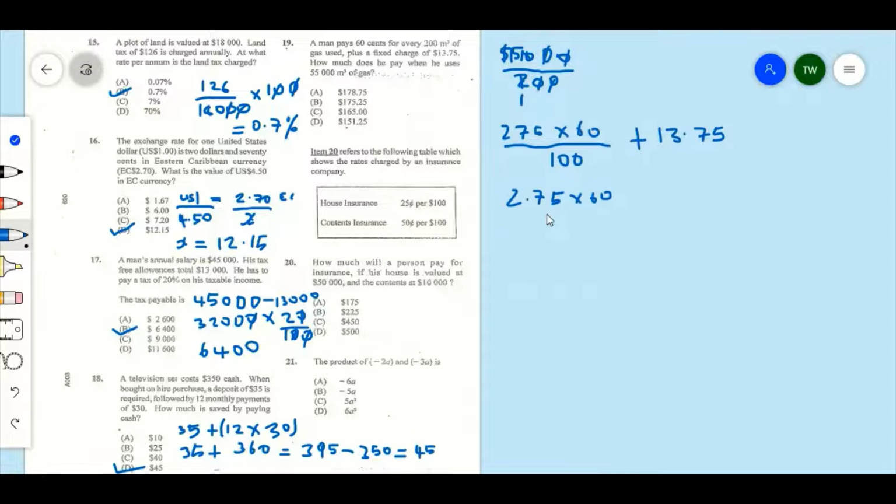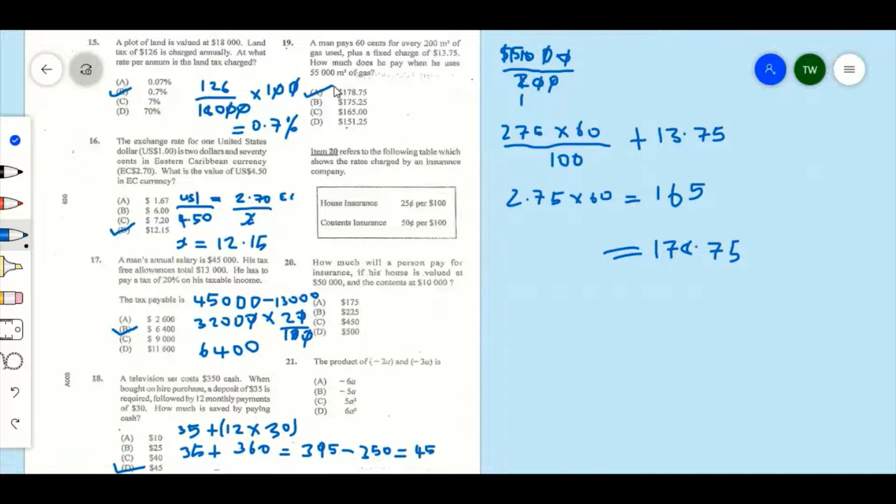And 2.75 times 60 is going to equal $165, plus this $13.75, which gives us a final answer of $178.75. So the answer for question 19 is going to be A.